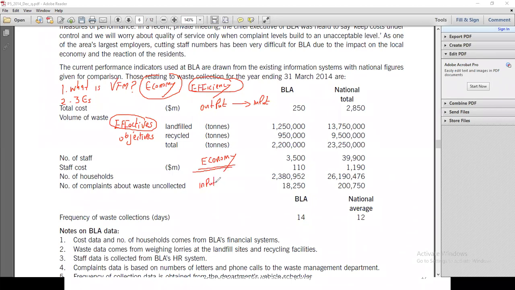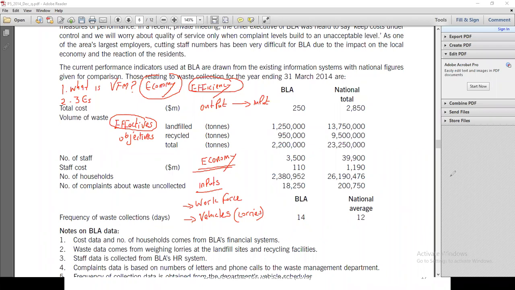The workforce. Excellent. So there's the workforce. What else? So to carry out an economy assessment, our explanation would say that we are going to identify the major inputs, which happen to be the workforce and the vehicles, and want to see how do we procure these.